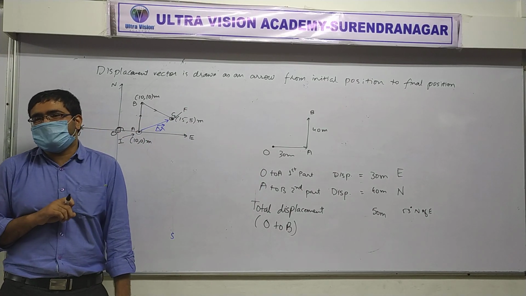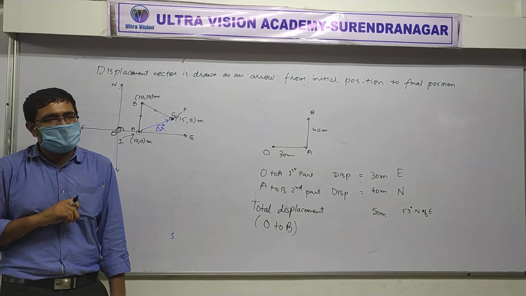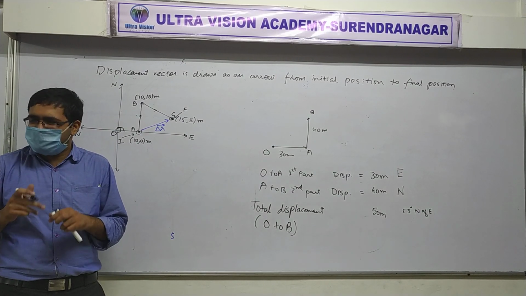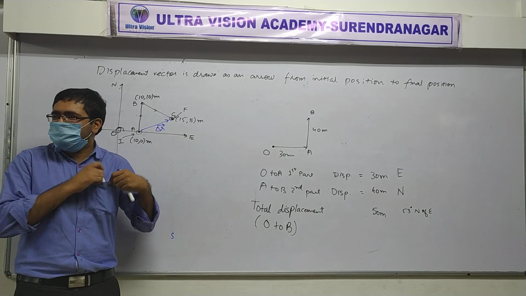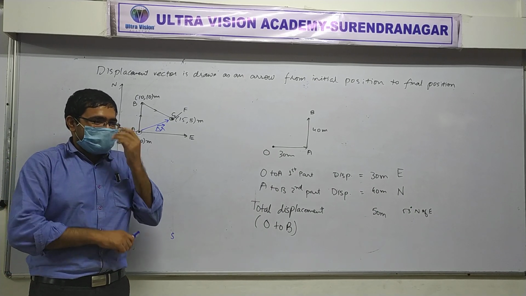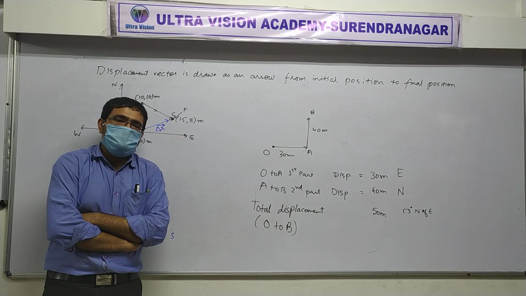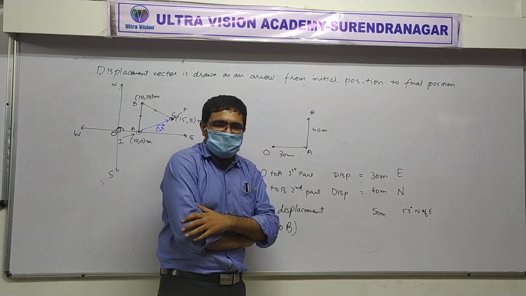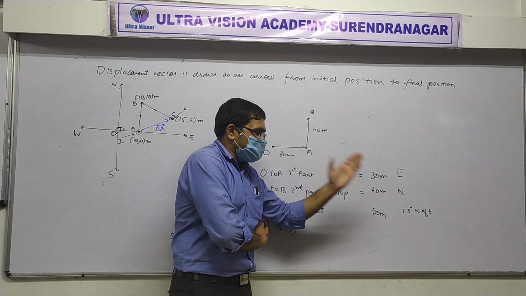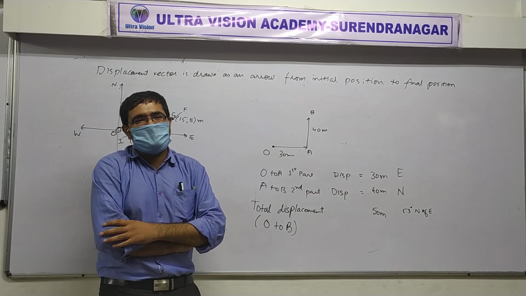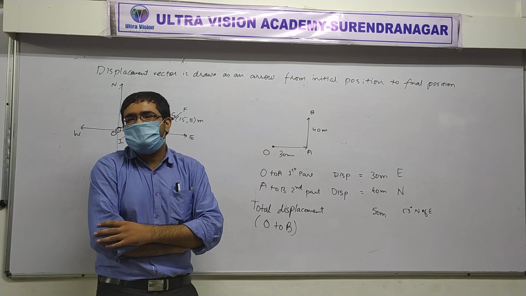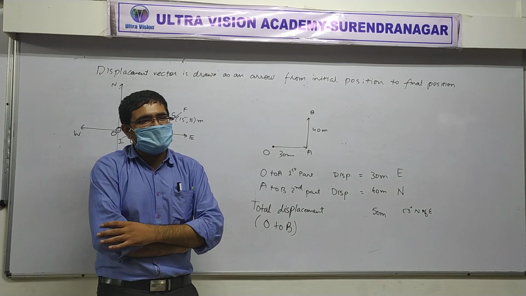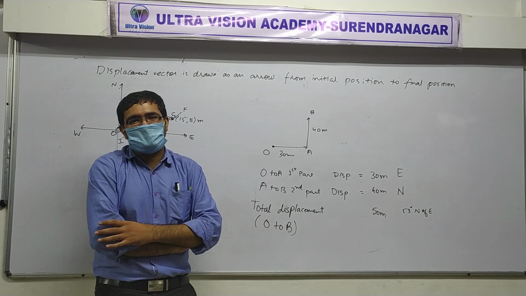Are you noticing something a little odd? Did you see something strange? Everything seems normal. What was the displacement in first part? In magnitude it was 30 meter. In second part in magnitude it was 40 meter. But total, 70, but so 50 comes.